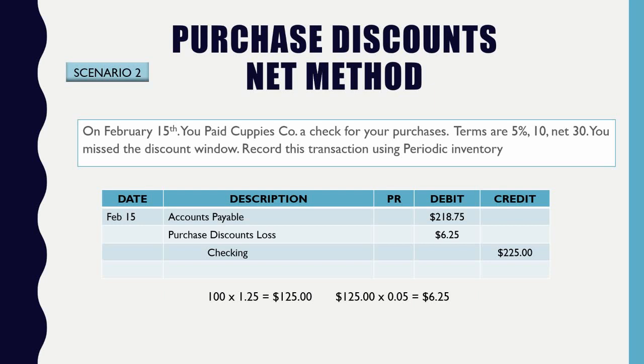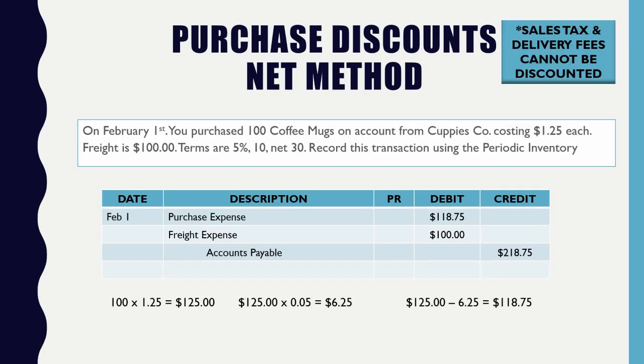So I need to add that money back in there, but I can't just add it back in. I have to do it in a way where it's going to show like this, because in my original purchase expense, I've recorded it at $118.75, meaning it's short $6.25 because the original is $125.